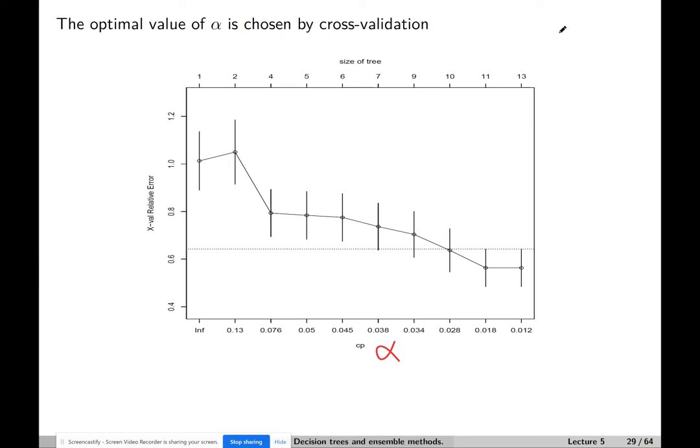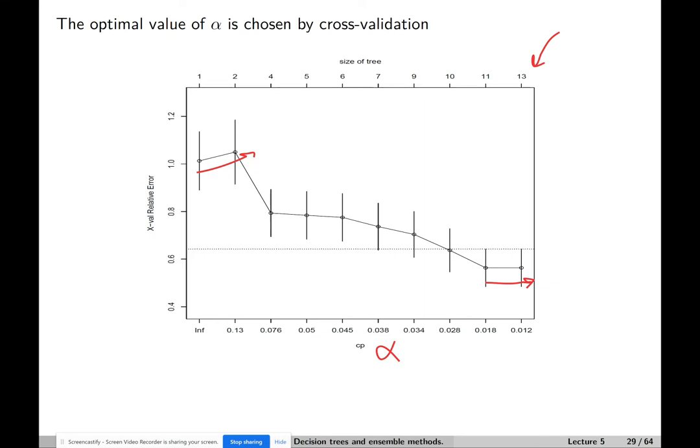So this is the size of the tree, the number of terminal nodes. And the cross-validation error basically decreases, but it does not decrease monotonically. So here it grew a little bit, and here it did not change.